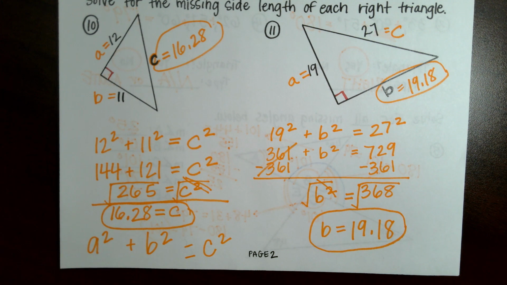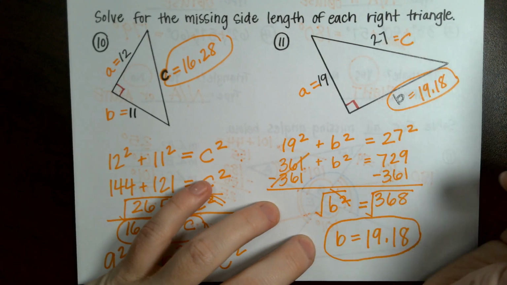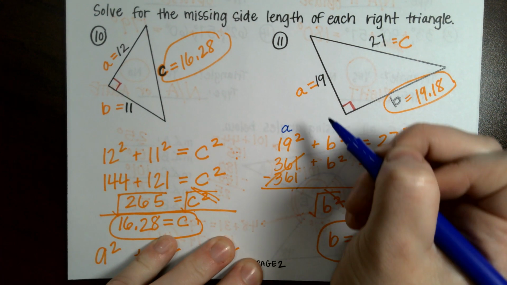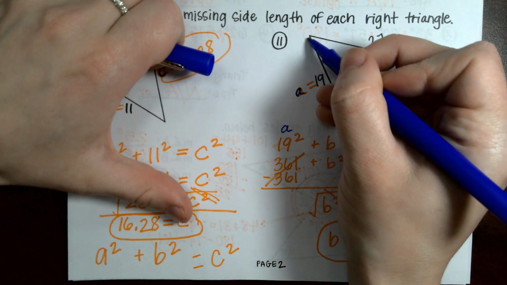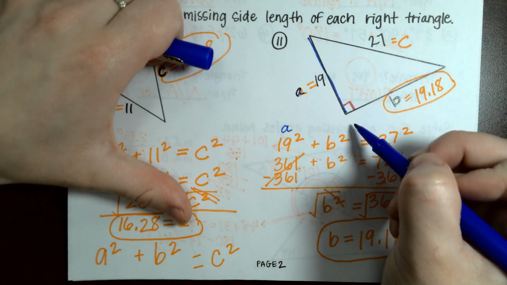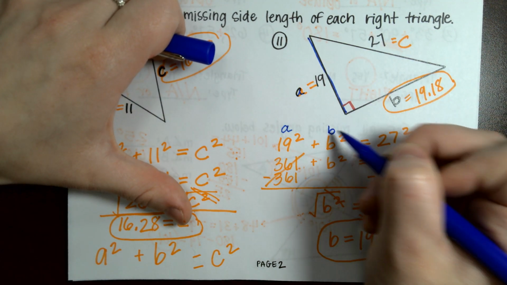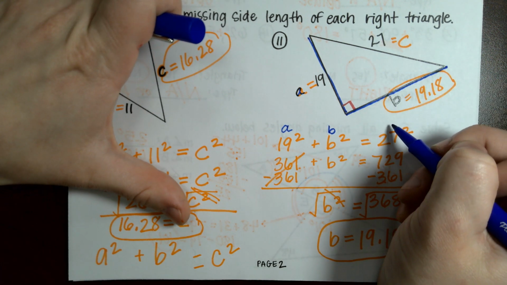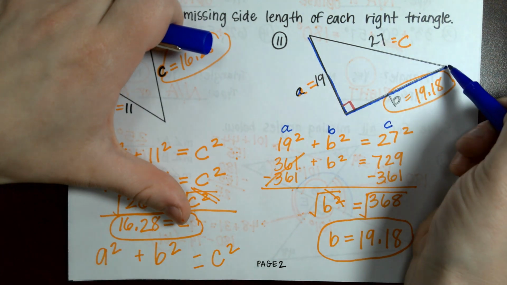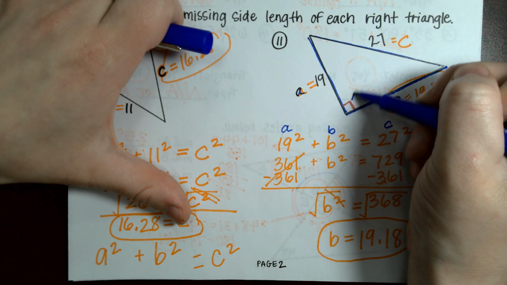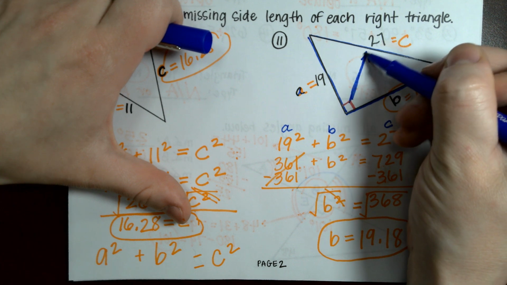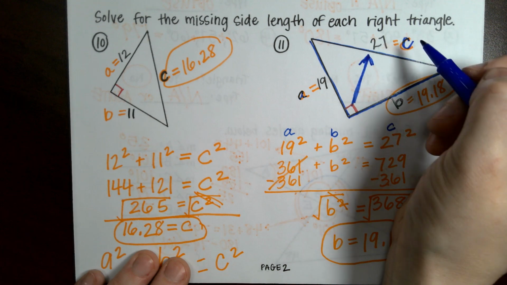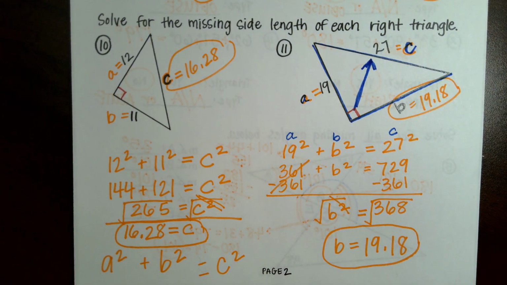So I'll explain that again here because I wasn't recording. Our A has to be one of the side lengths that makes up the 90-degree angle. And B is the other side length that makes up the 90-degree angle. And C is always the hypotenuse, always the side that's right across from the 90-degree angle. So that'll make our equation look a little bit different.